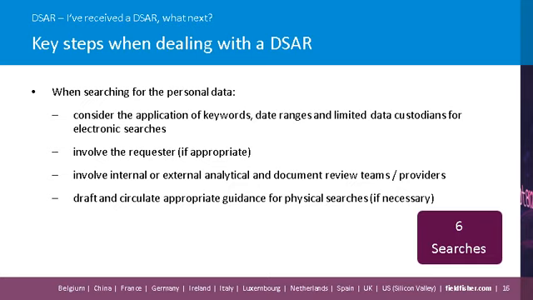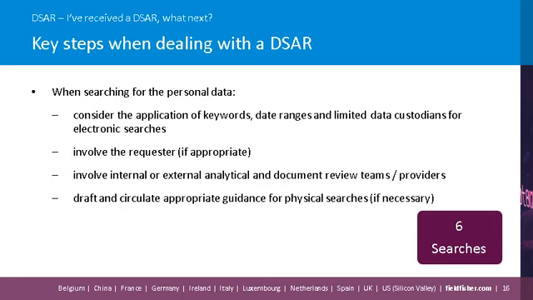Now is probably one of the most vital stages of the data subject access request, and that is to carry out your searches and to collate the data. When searching for the personal data, you should consider the application of keywords, date ranges, and data custodians, especially for electronic searches.